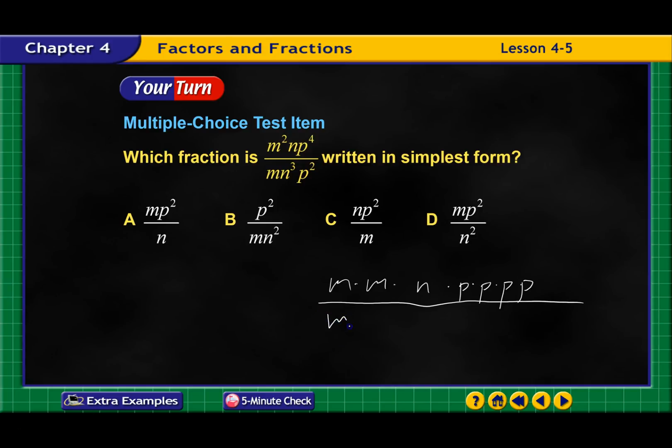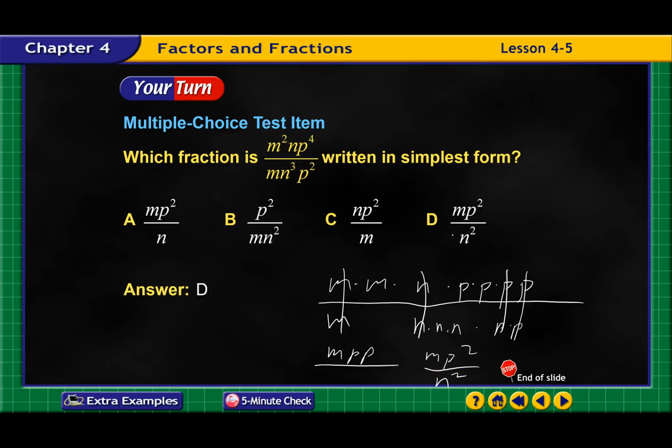So I have m, and then 3 n's, and then 2 p's. Cancel, cancel, cancel, cancel. So I'm left with m and then 2 p's. Oh, so that'd be actually mp squared over 2n squared. So I think it's a D. Hey, we're right.